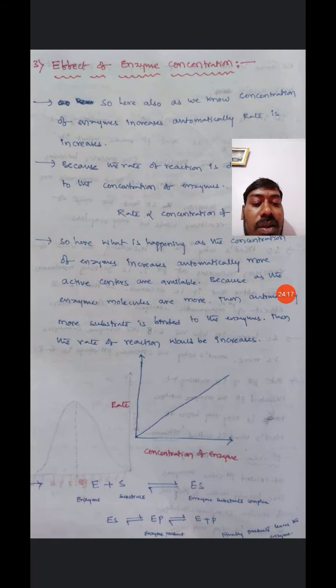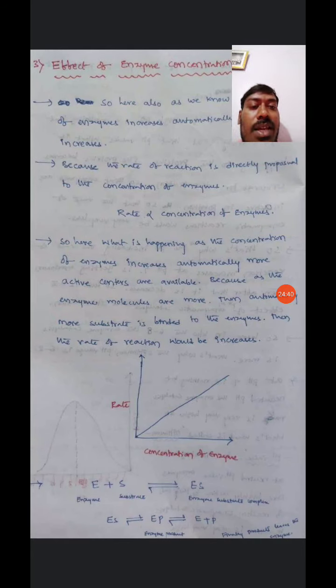Effect of enzyme concentration. As we know, as the concentration of enzymes increases, automatically the rate of reaction increases, because the rate of reaction is directly proportional to the concentration of enzymes.